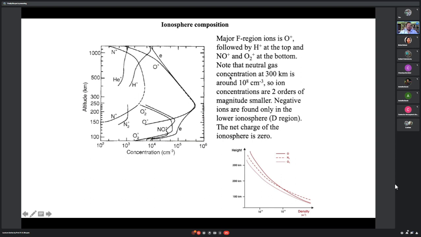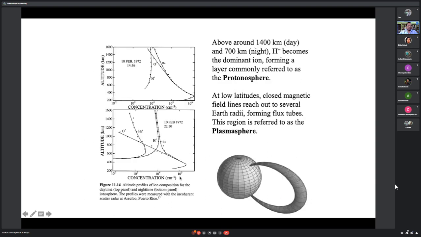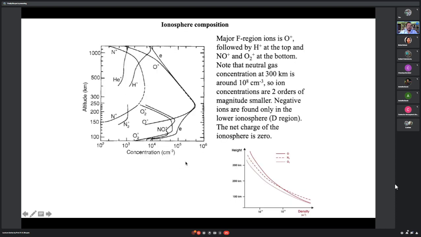Now, neutral gas concentration at 300 kilometers is 10 to the power 8 per centimeter cube. In the picture below, you can see the density of O, N2, and O2. O is the red solid line, N2 the dashed line, and the dotted line is O2.